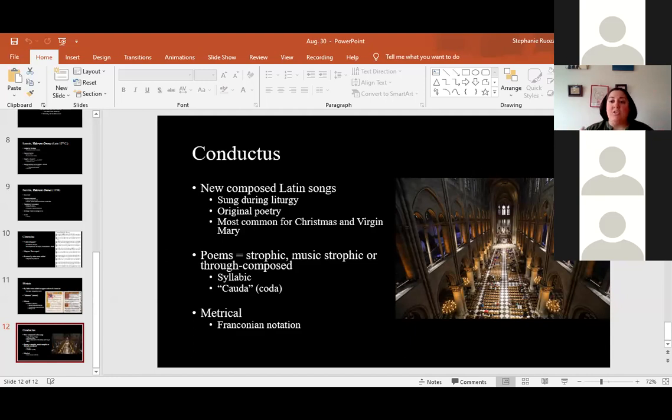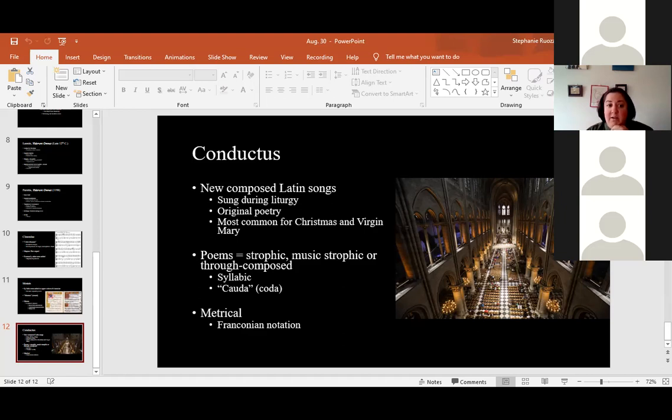But then at the end, you have this very elaborate melisma. So it's a very, I don't want to say jarring, that has a negative connotation, but it was a very attention-getting change. And these conductuses were metrical, according to Franconian notation, those rhythmic modes that we talked about on Monday. So they would be read according to those rhythmic modes that we learned last time.